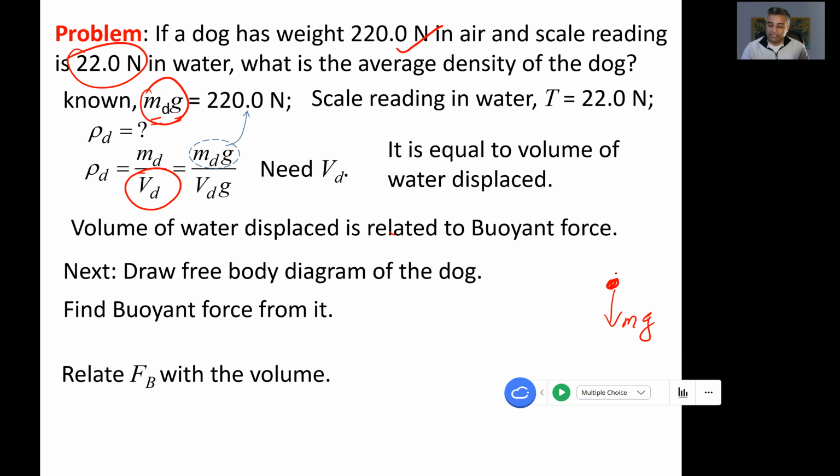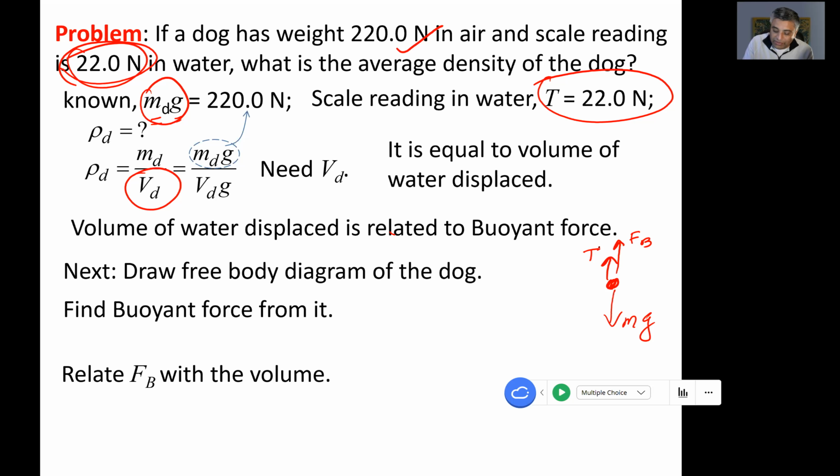And what forces are there? Hey, it's in the water, so there must be a buoyant force. What direction is that force acting? Up or down? Is it up or down? Yeah, it is up. So now when we are holding the dog inside the water, that's what's happening. Okay, that's how the free body diagram looks.